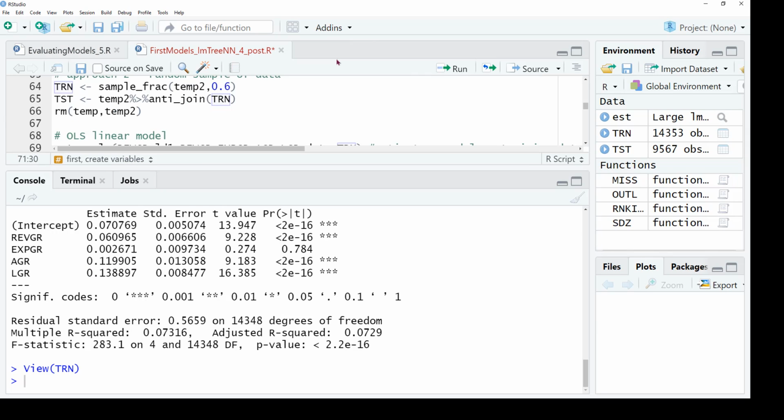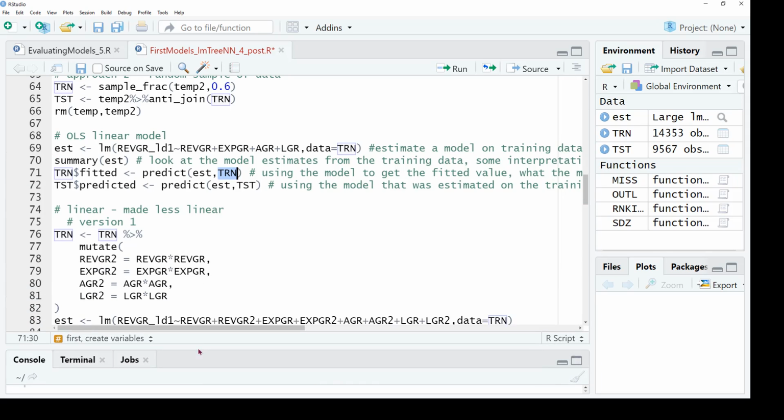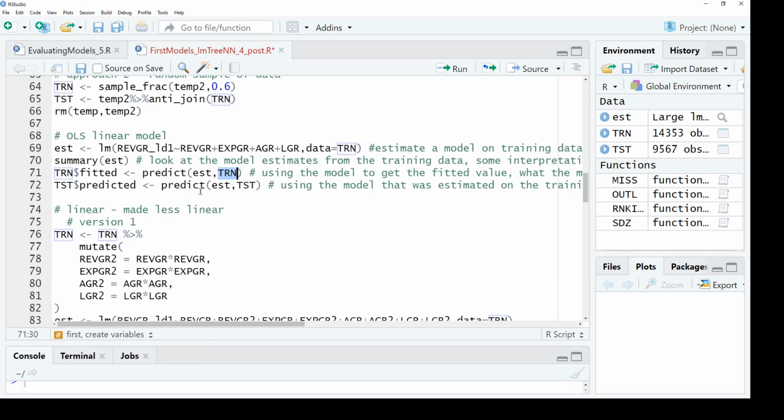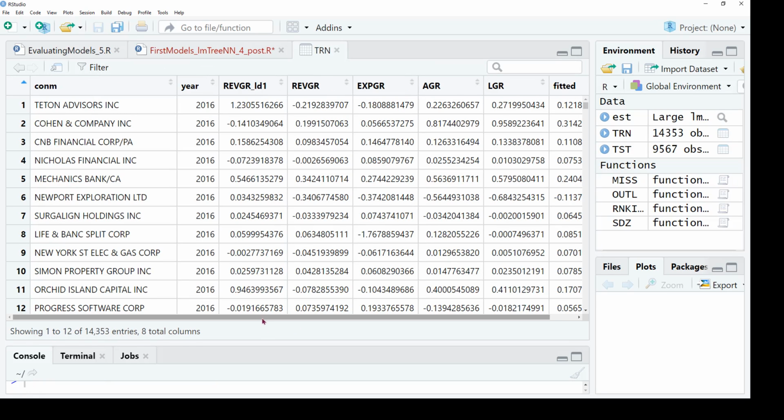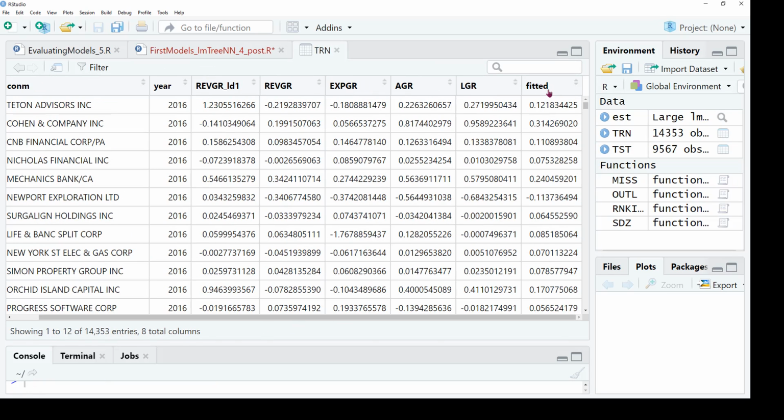So when we run this predict function, the only thing it's doing is going through that algebra to create a prediction for the y variable given the model that we have. So if we run this, then what you will see in this training data set is at the end we have what I'm calling the fitted value.